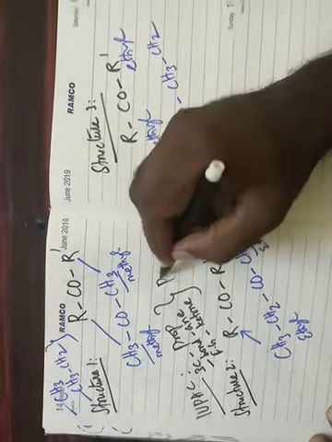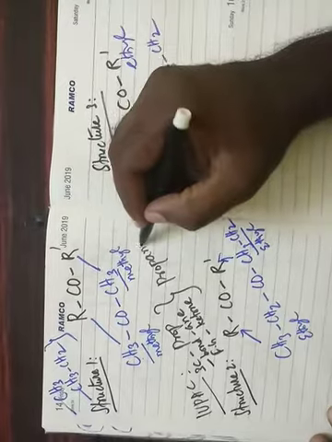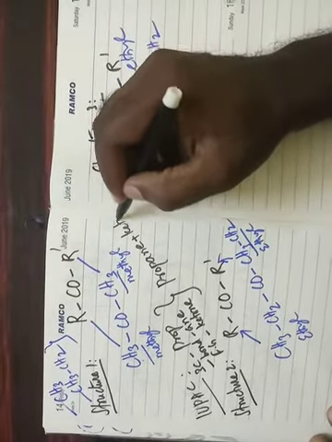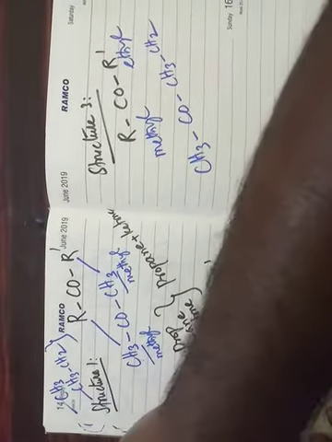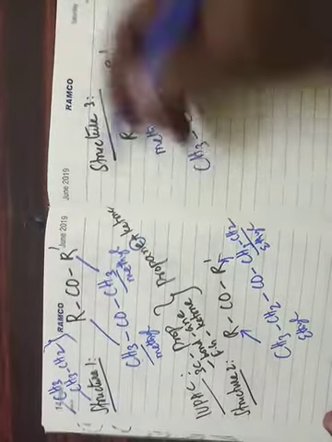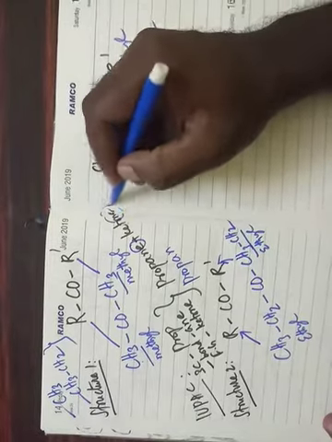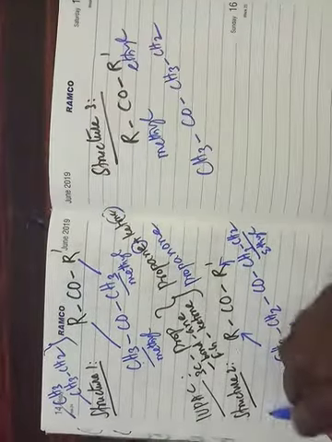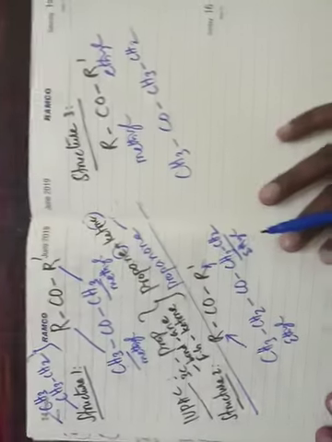Combine these three things: propane plus ketone. Now remove this E. On removing this E, you add one. What will be the answer? Propanone is the first structure of ketone.